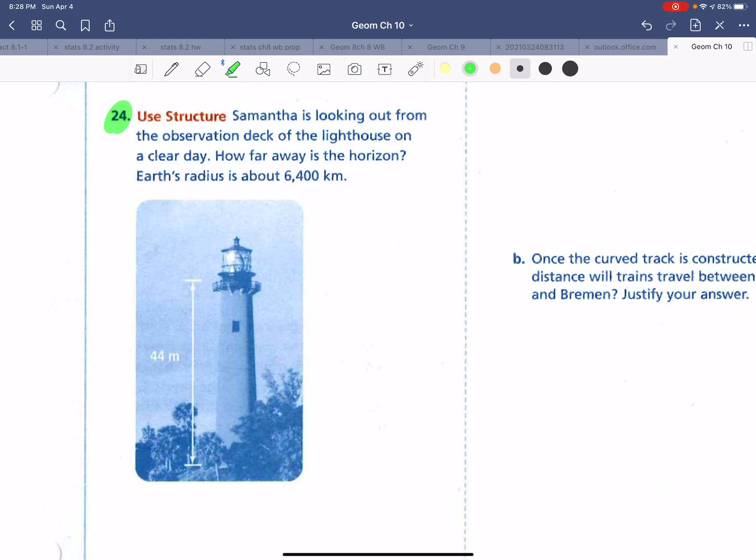How far away is the horizon? The Earth's radius is, okay, so we think about this, and it's like, here's the lighthouse.